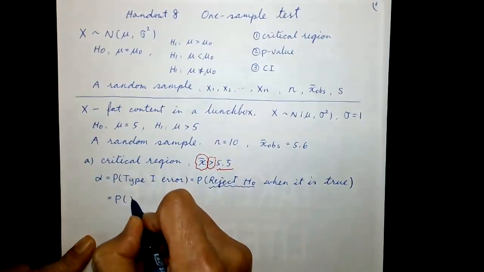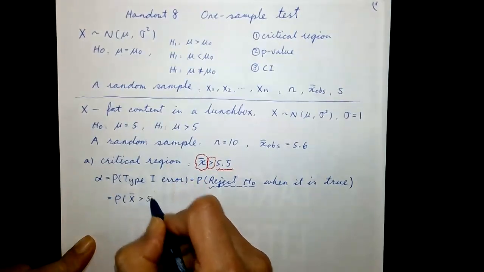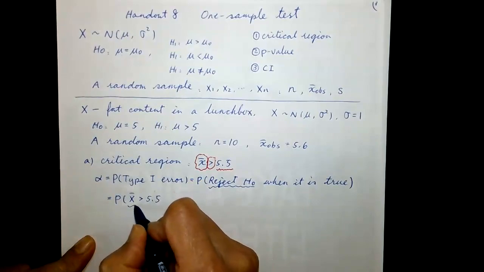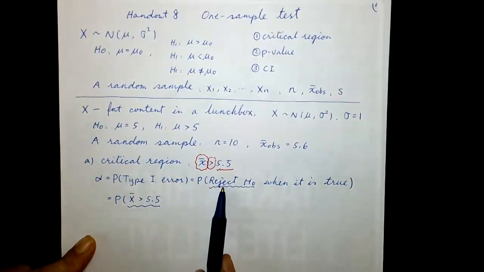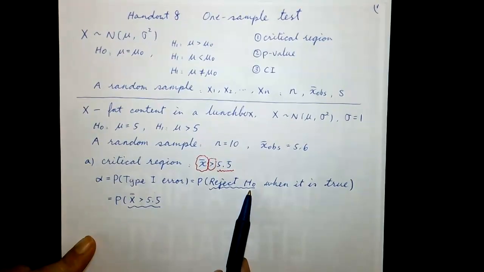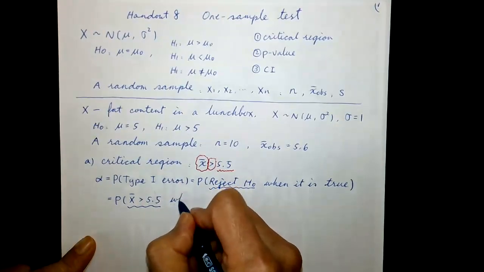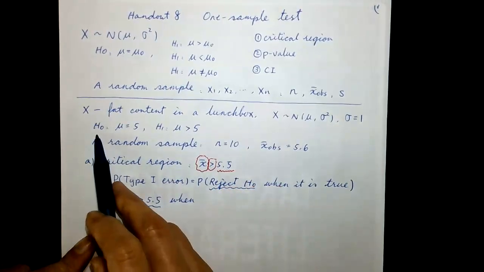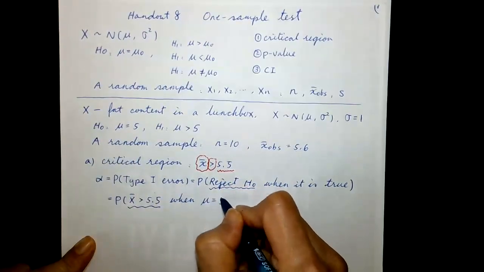If the sample is not supporting H naught, then we reject H naught. So I copy exactly the critical region to match this underlined part. When it is true, what is true? H naught is true. Or I just write when H naught is true. When H naught is true, mu is 5.